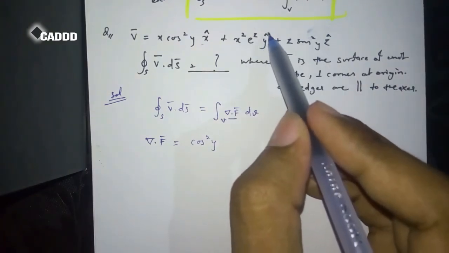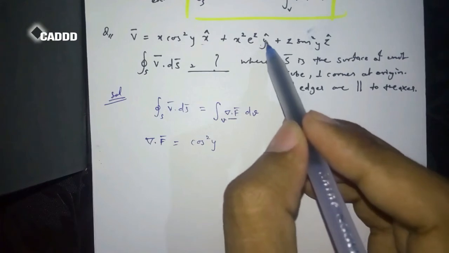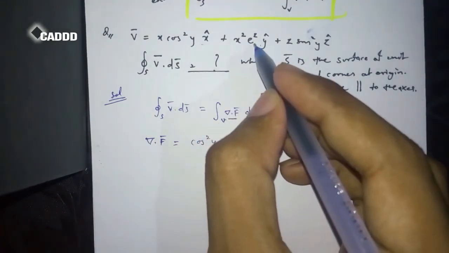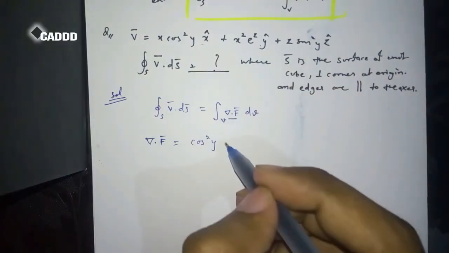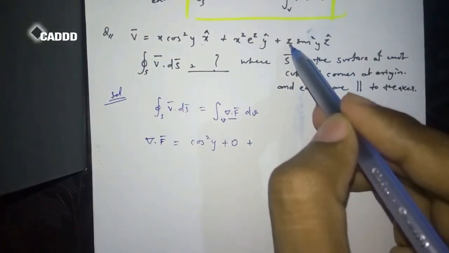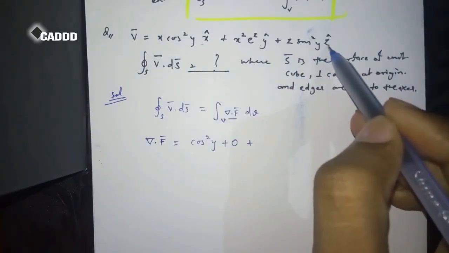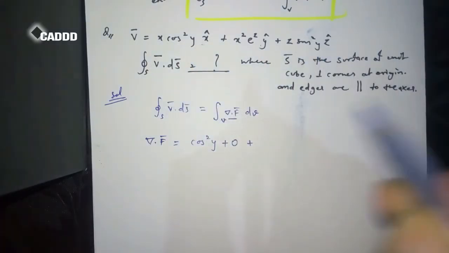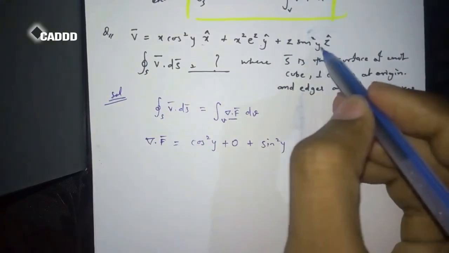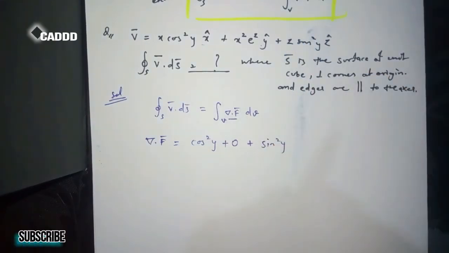Similarly here, the component of field in y direction should be differentiated by y. So differentiating this thing by y will be 0, plus the component of field in z direction should be differentiated by z. So sine square y. Okay, so this thing's differentiation with respect to z will be sine square y.